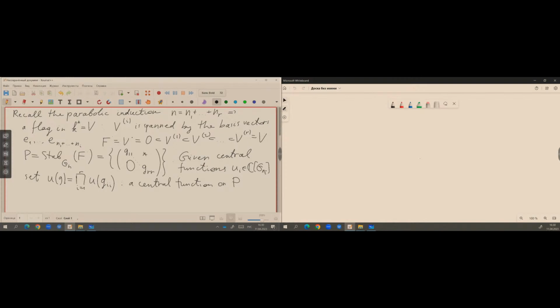Okay, and now we set u1 through ur is the parabolic induction from P to GLn of this function u.